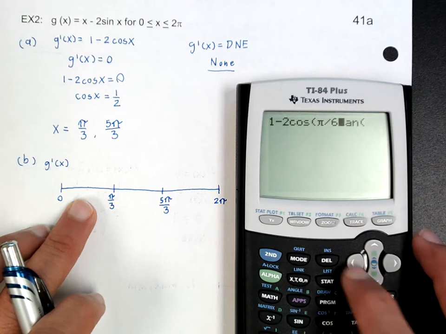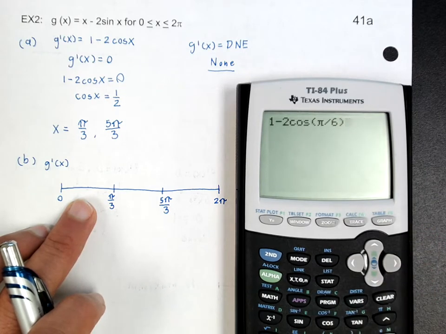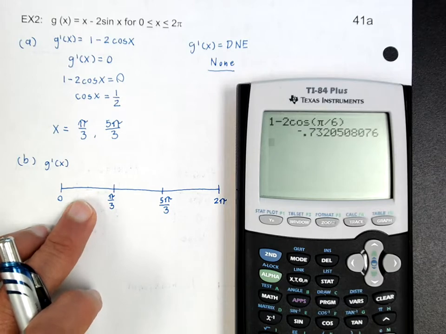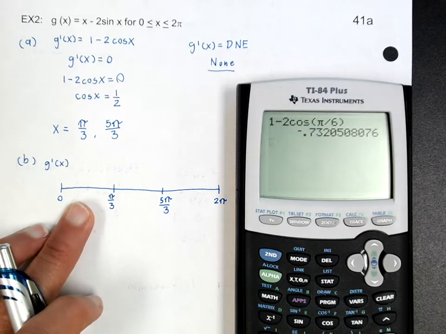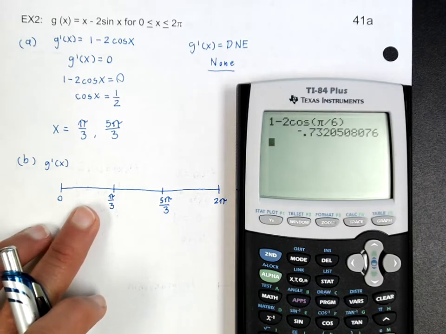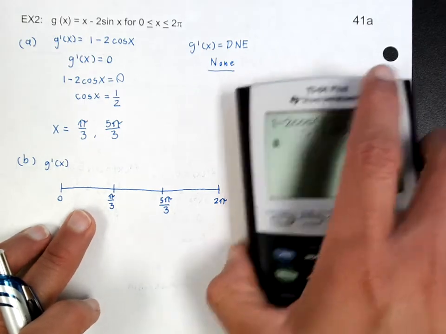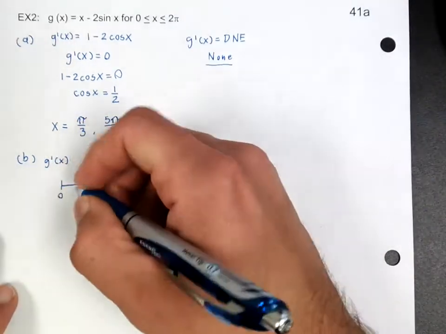Now cosine of pi over 6 is the square root of 3 over 2, so you would have 1 minus the square root of 3. The point is that this is a negative number, so therefore you have a negative.